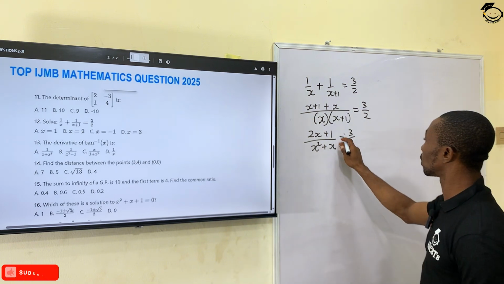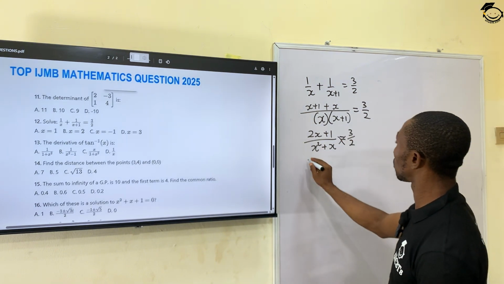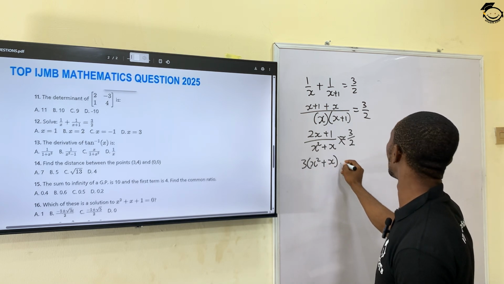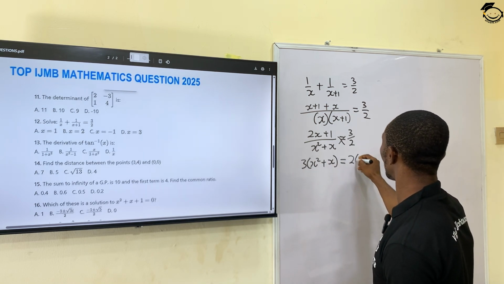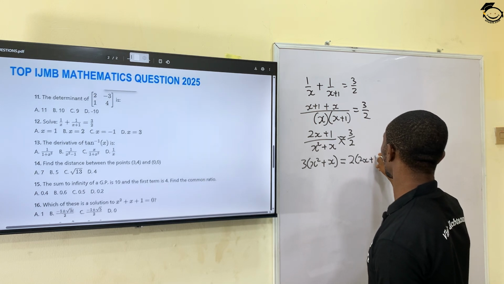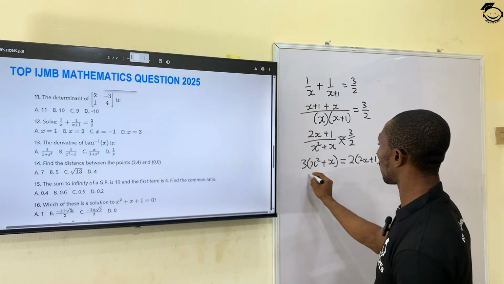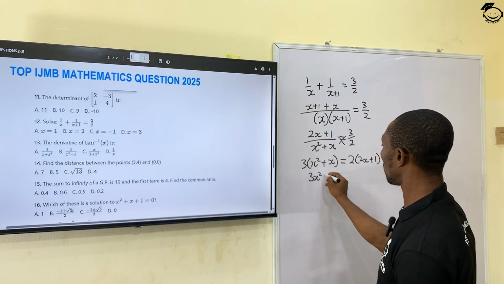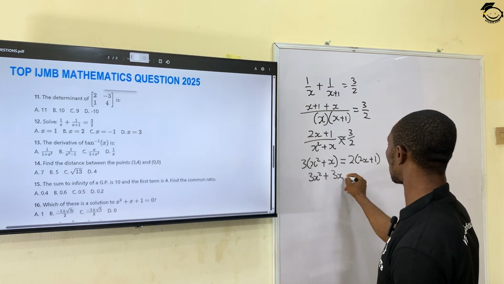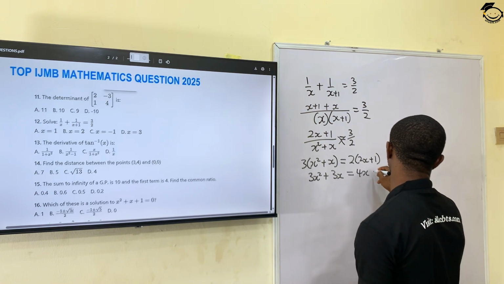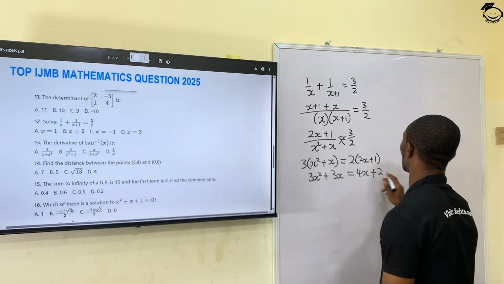Now we can cross multiply. So this becomes 3 times x squared plus x equals 2 times 2x plus 1. Okay, now opening up this bracket, we have 3x squared plus 3x equals 4x plus 2.